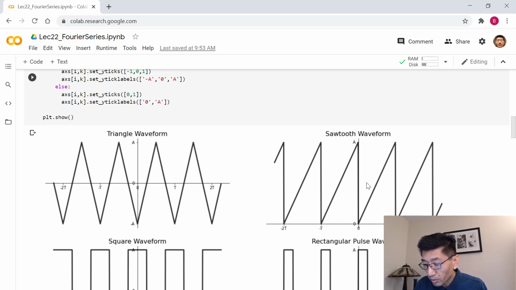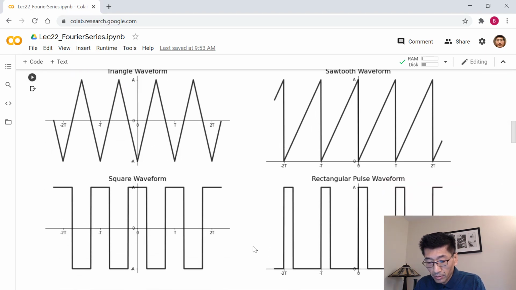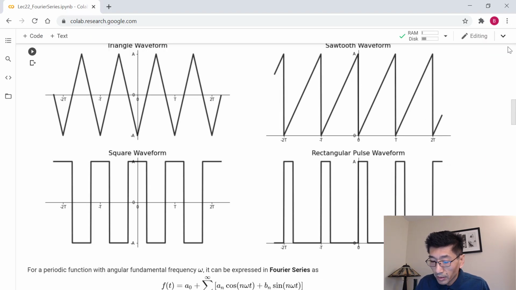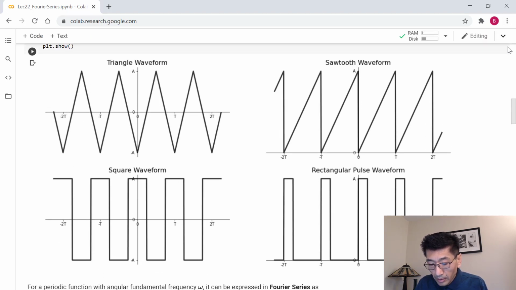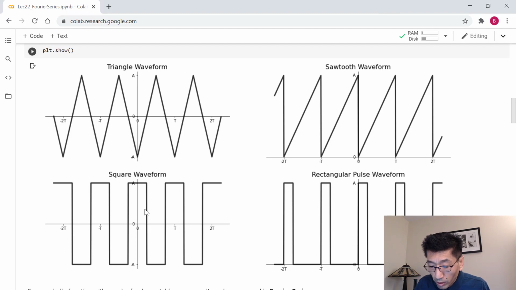And this is a sawtooth waveform, another form of periodic function. I just want to minimize the header. And this one here is a square waveform, where the positive and negative parts have 50% of what we call duty ratio.